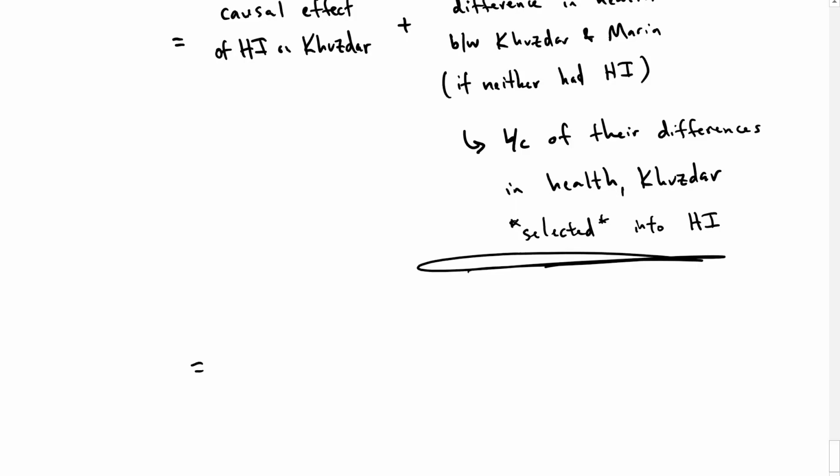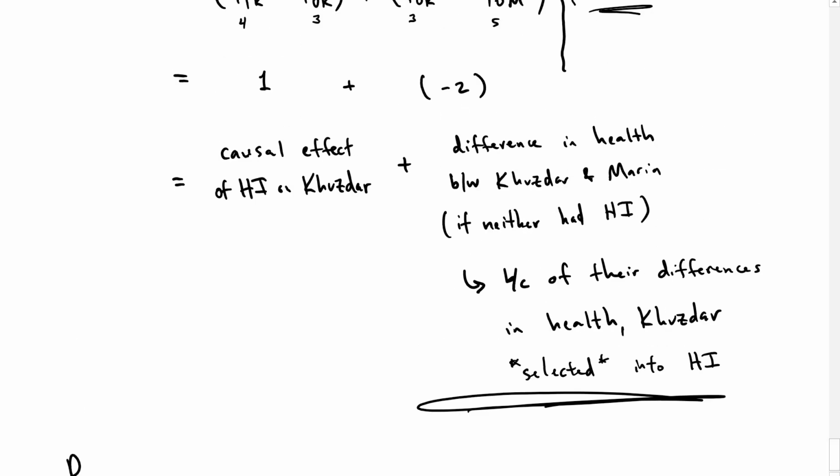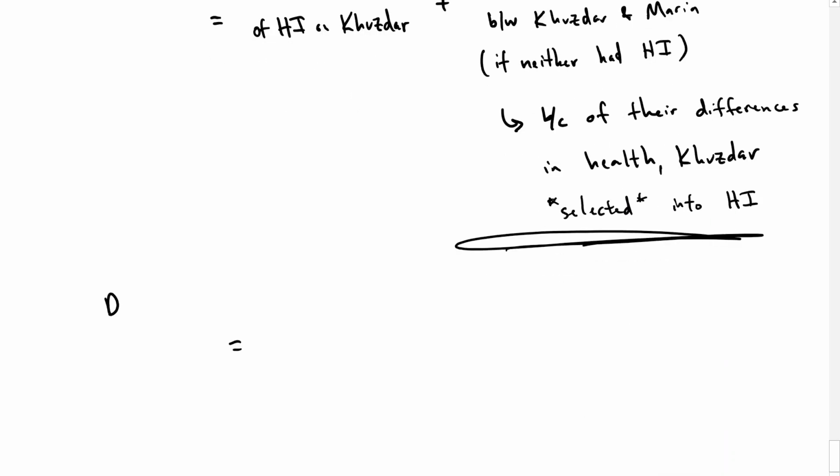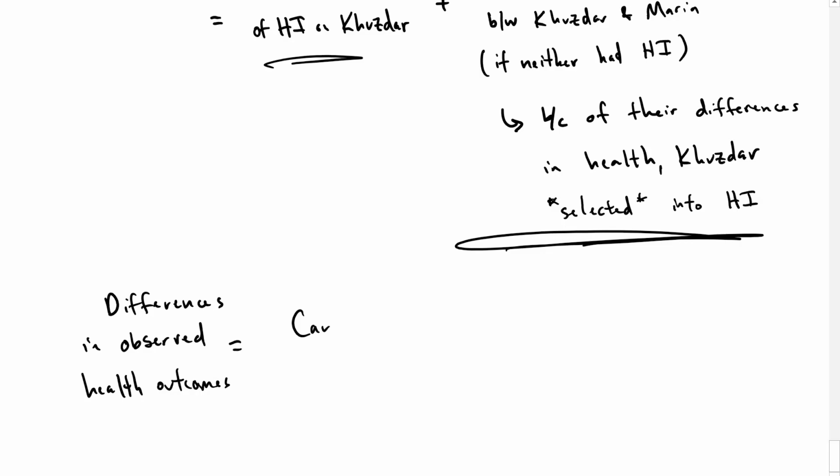And so if we just rewrite that again, here we have YK minus YM, which is observed health outcomes. So differences in observed health outcomes is equal to the causal effect of health insurance plus what we call selection bias.